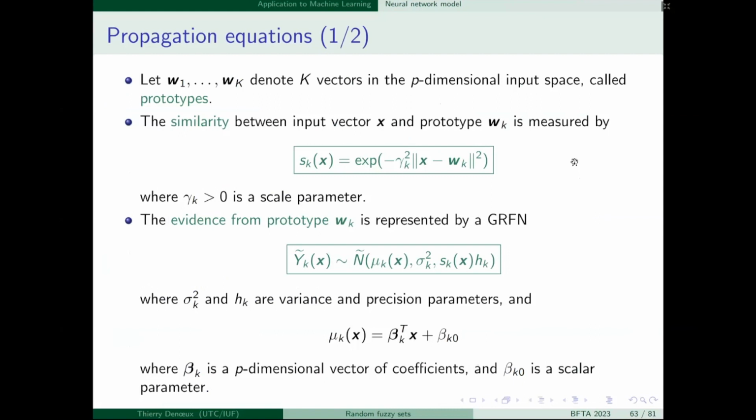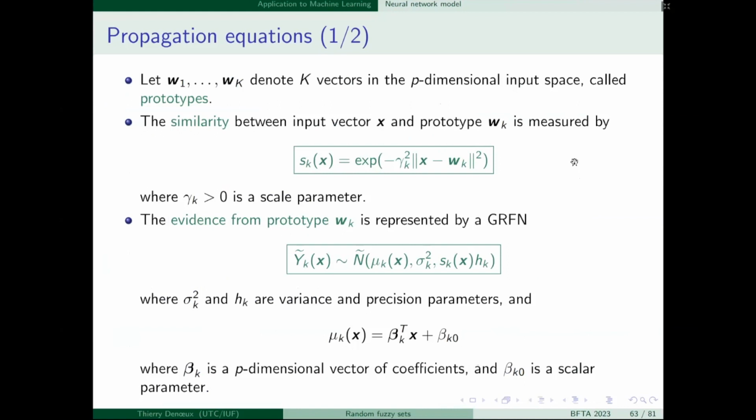The idea is that locally around wk, you approximate the regression function by a linear function. So when x is close to wk, this gives you an approximation of the expected value of y given x, locally around wk. So this is the mean.